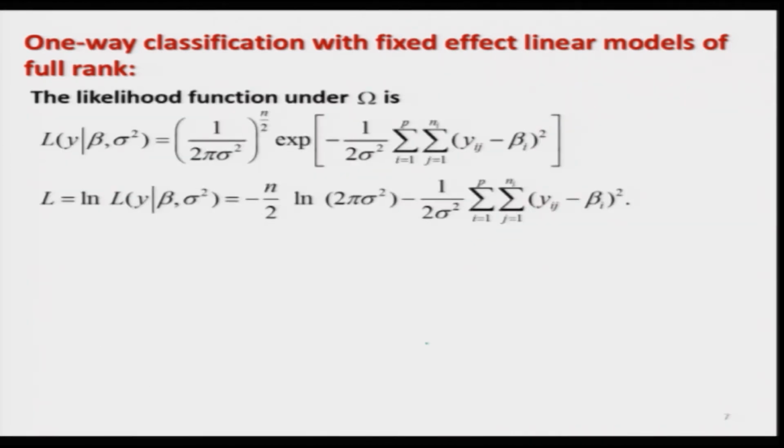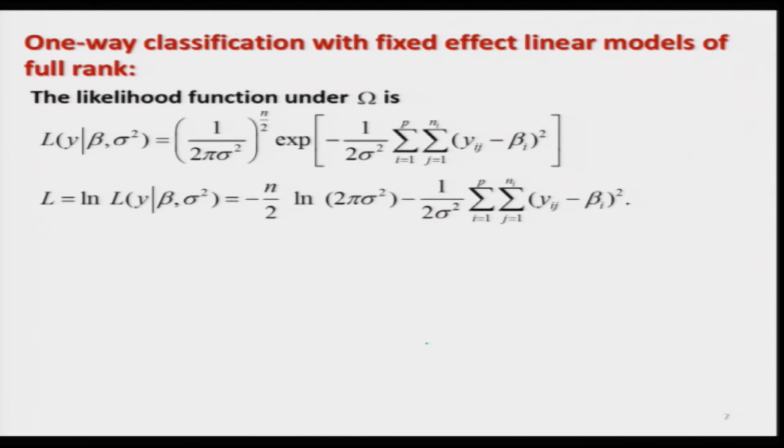Now, what is the next step? The next step is that you need to find out the likelihood function, and then you have to find out the maximum or the supremum value of this likelihood function under capital omega and under small omega, right.